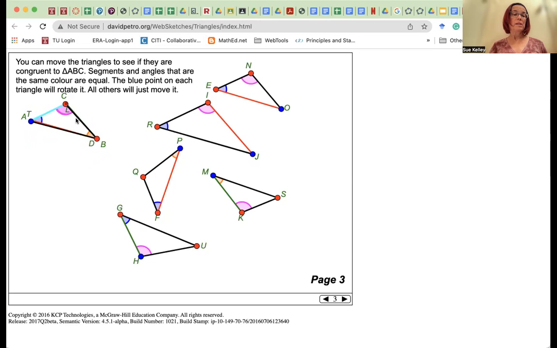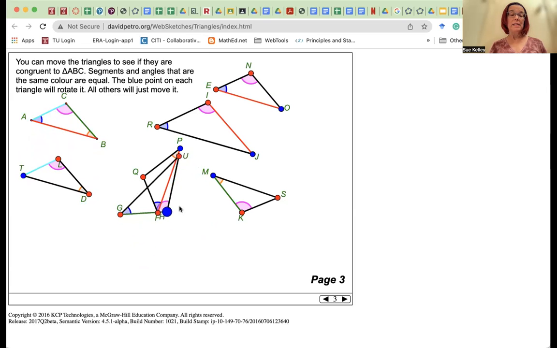And look at that. We can get them to be matched up pretty well. So that's the point here. You're seeing that we can translate. We can move these guys around.